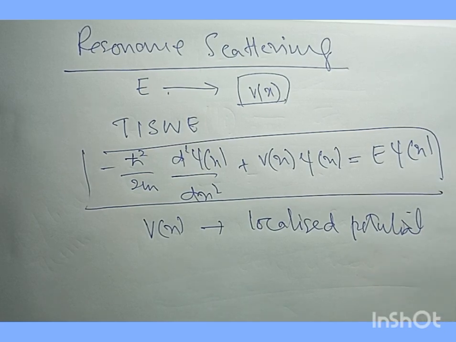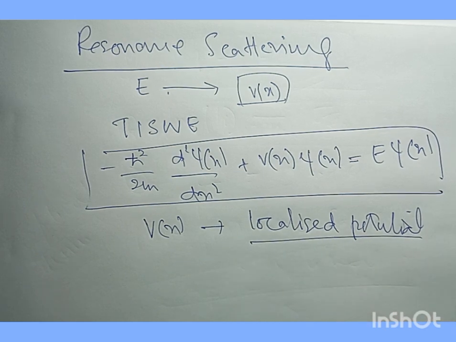And if we take an example of this localized potential, we can think in terms of a square well, or some kind of barrier. And for this, we can think in terms of the solution.